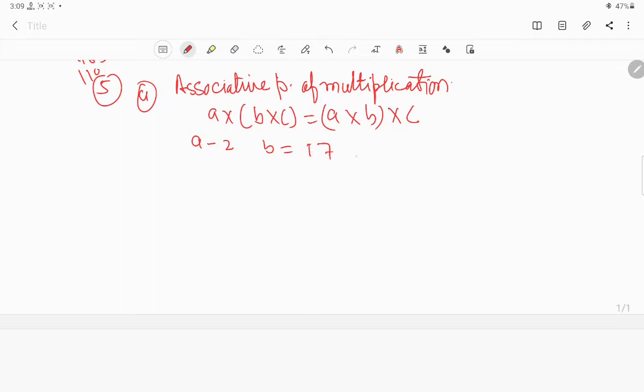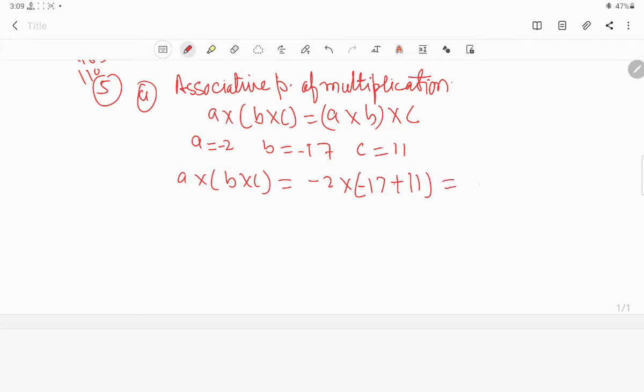C given is 11. So A into (B into C) is equal to -2 into 17 into 11.